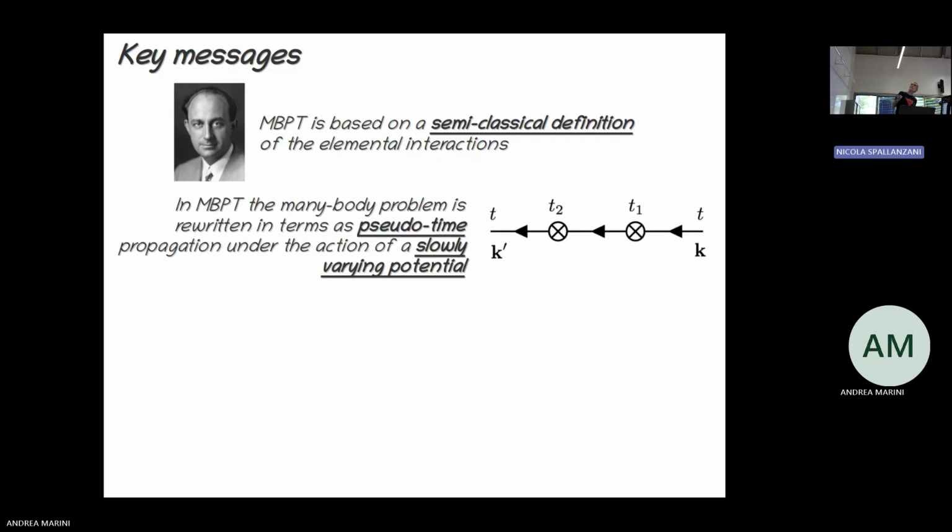Then many-body is actually a way to rewrite a many-body problem as a propagation in a pseudo-time, because the time in many-body is not real time, under the action of a slowly switching potential. So many-body is very much limited. You have to be careful. Many-body is valid within certain approximations that are there even for the exact solution.